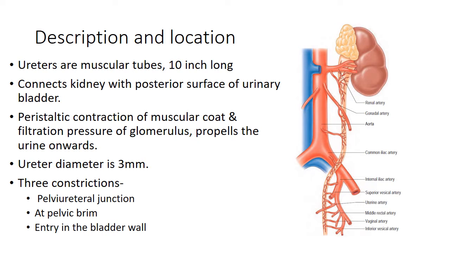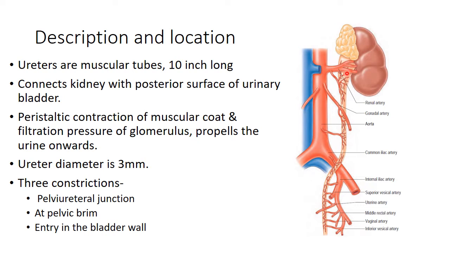The diameter of the ureter is approximately 3 mm, and along its course at 3 points the diameter of the ureter is a little less, and these are called the constrictions of the ureter. These points are: first, at the junction of the pelvis of the kidney with the ureter.